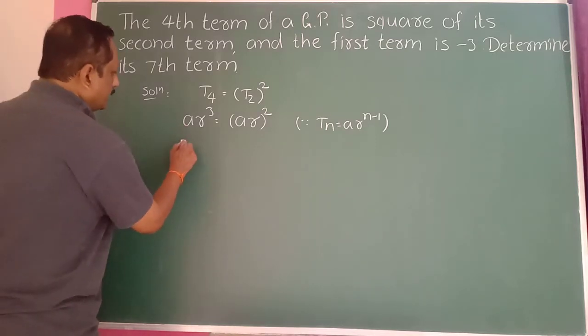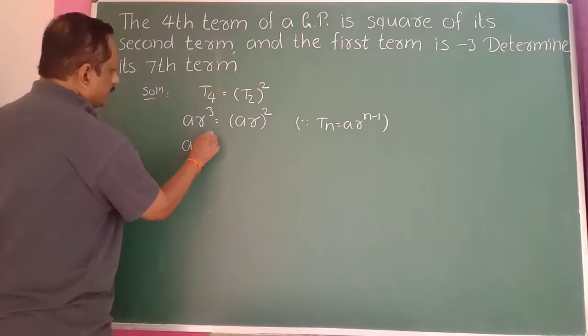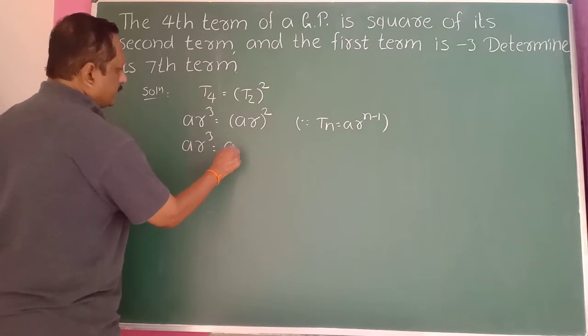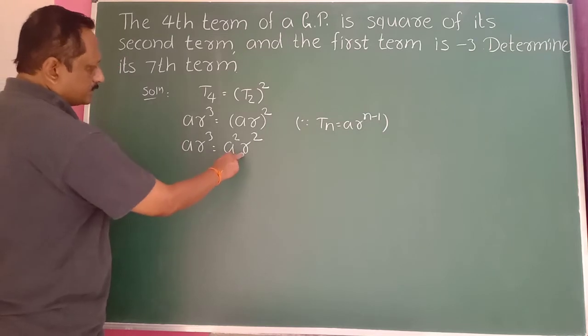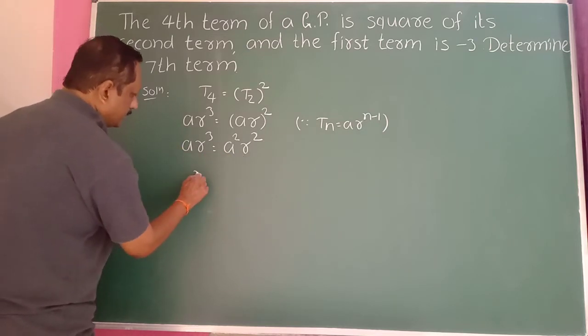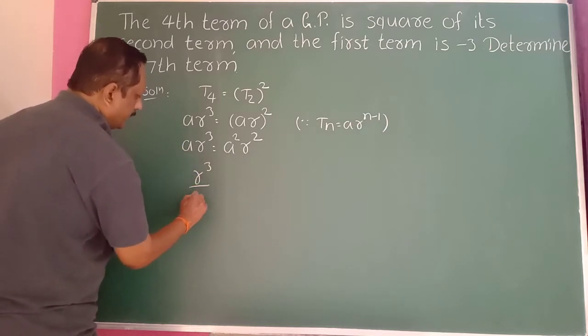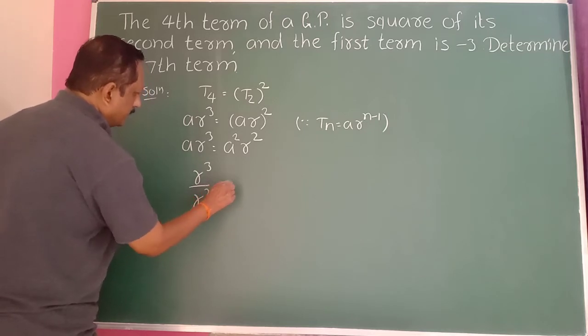Then ar cubed is equal to a squared into r squared. Take r squared to this side and a to that side. So r cubed divided by r squared is equal to a squared divided by a.